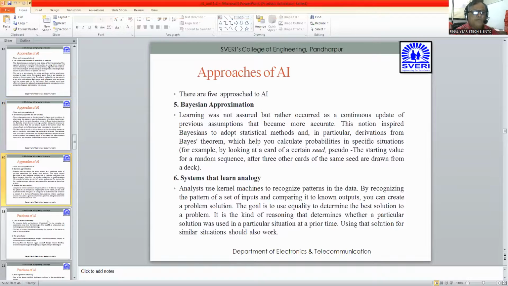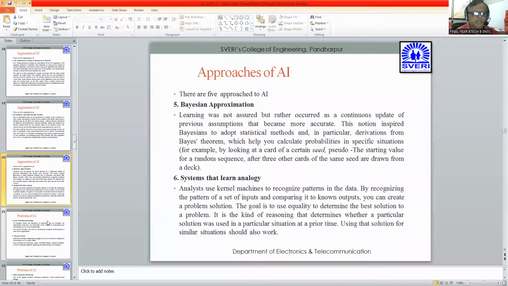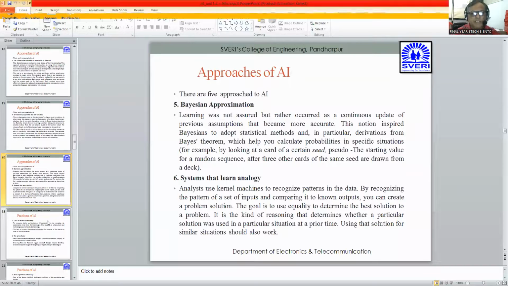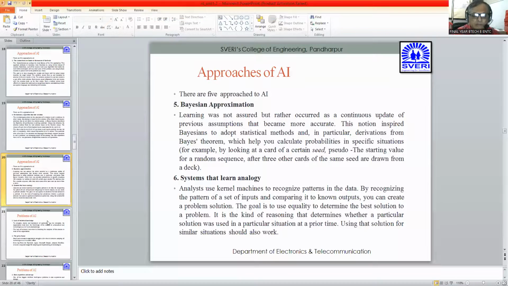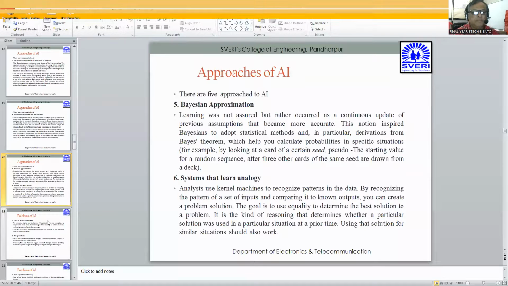Then the fifth one is Bayesian approximation. Obviously, there are 5 approaches. I said that 1 and 2 are the same thing, so that's why it looks like 6 approaches here, but there are 5 approaches. Then Bayesian approximation. Obviously Bayesian is a word you have already learned in machine learning, the algorithm that follows the Bayes theorem. And according to the Bayes theorem, it can be useful for classification purposes.